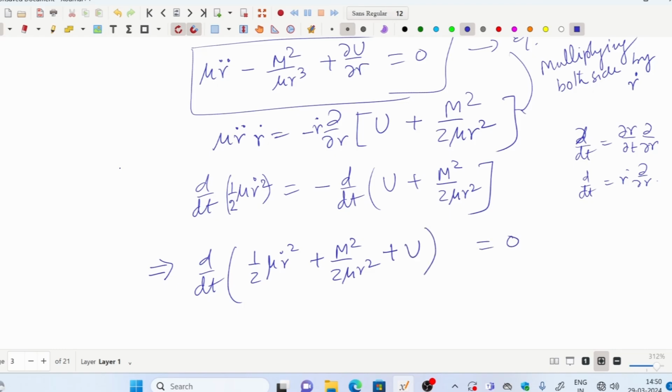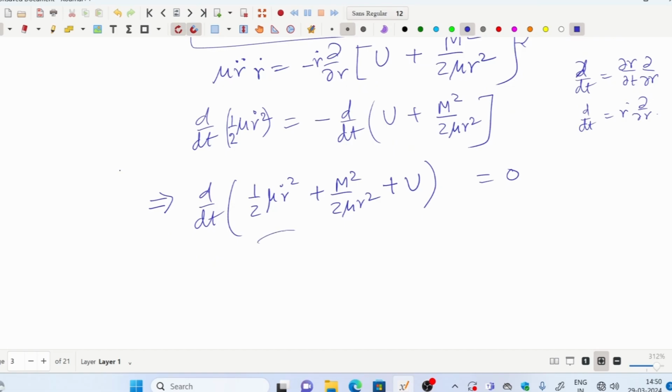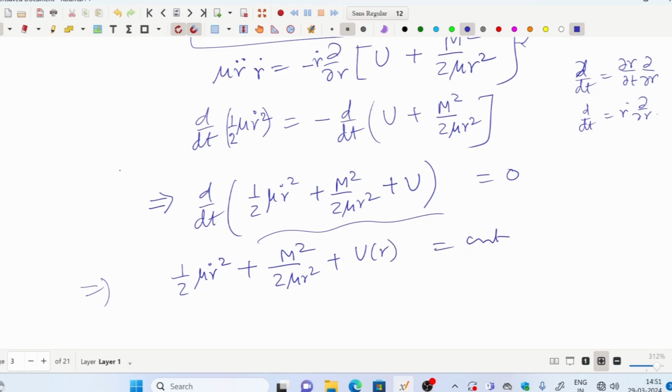That means this quantity, half mu r dot square plus m square by 2 mu r square plus u of r, is constant. And this is nothing but the total energy of the system.